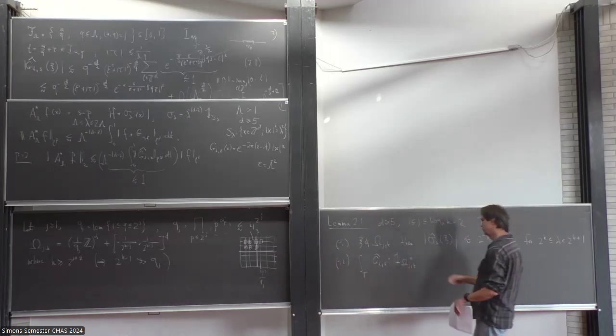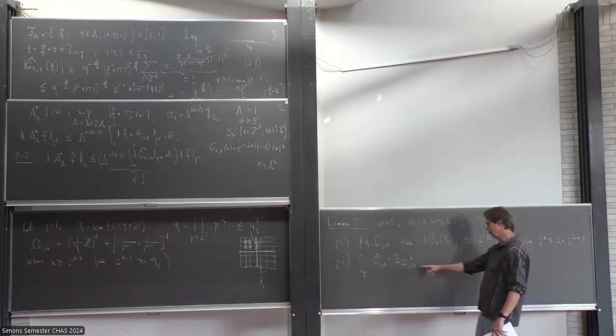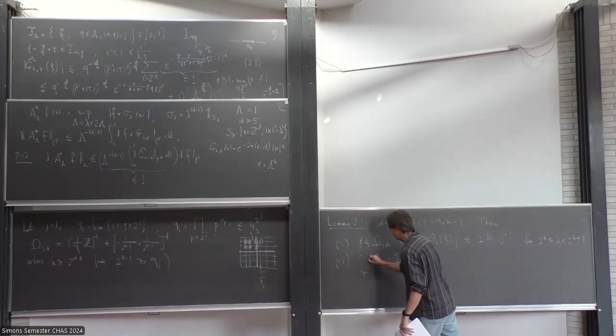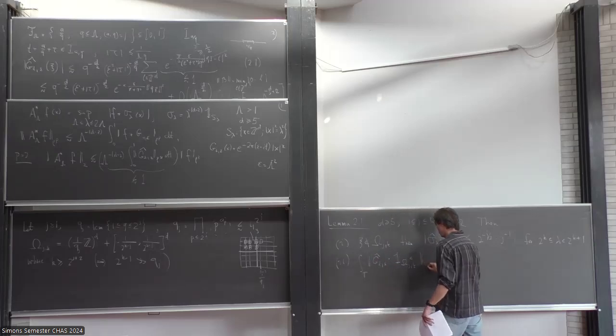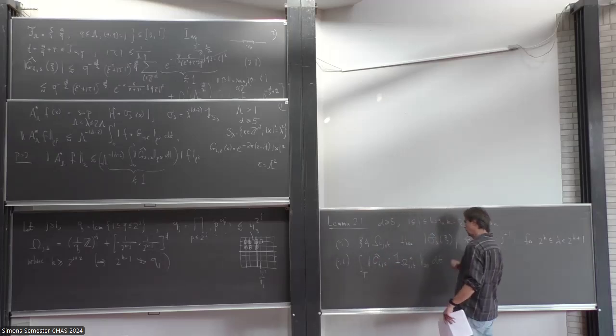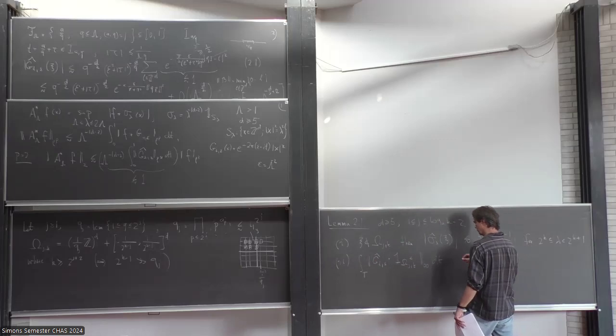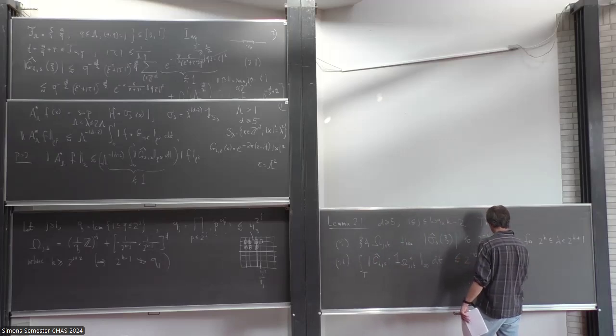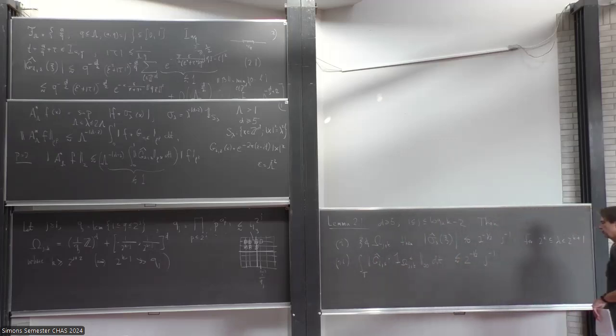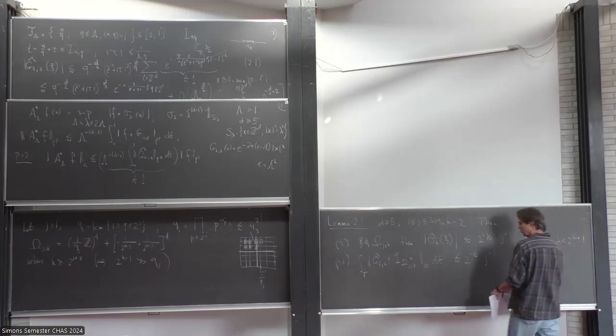So I consider this function, which is supported on the complement, and I take the infinity norm of that and integrate, and I still will have the same estimate. So this is the key lemma.